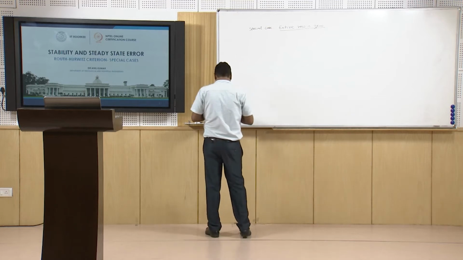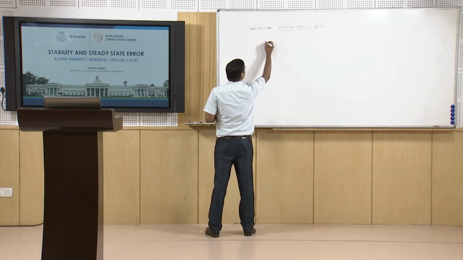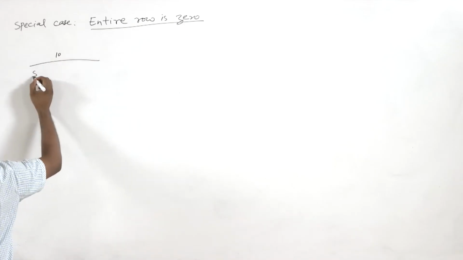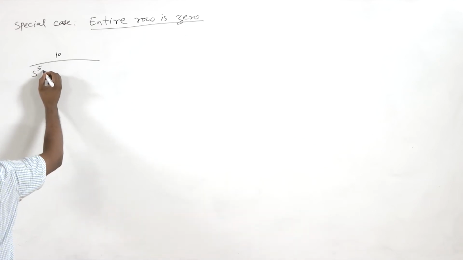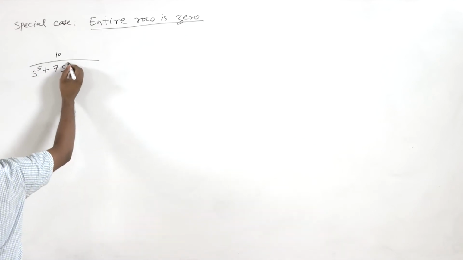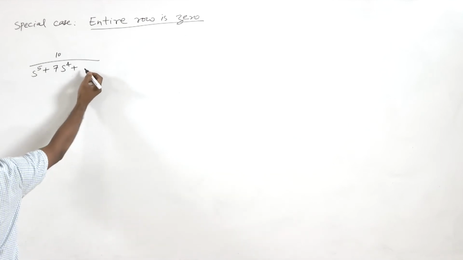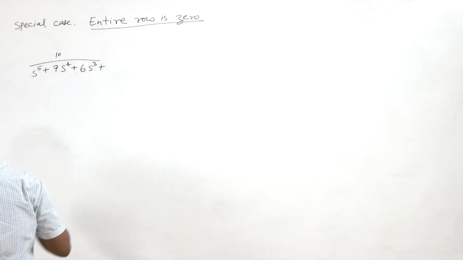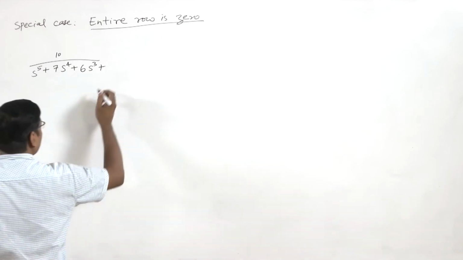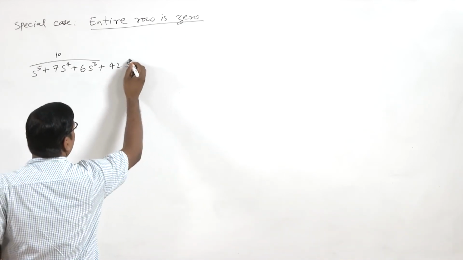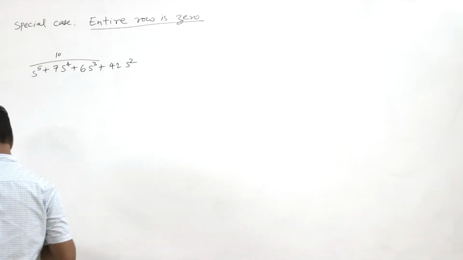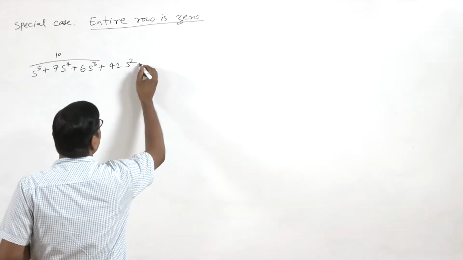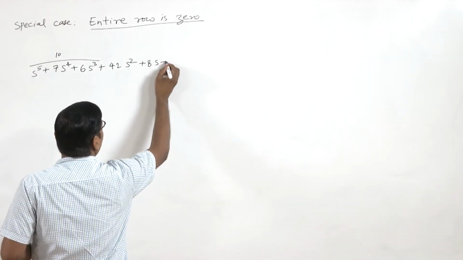So let's take one example: s power 5 plus 7 s power 4 plus 6 s cube plus 42 s square plus 8 s plus 56.